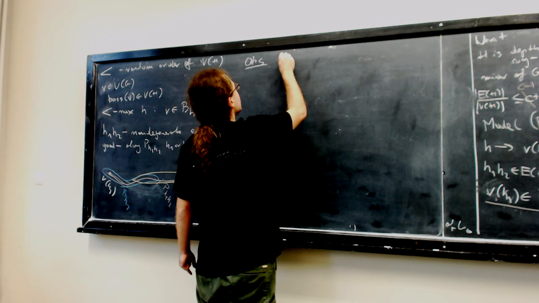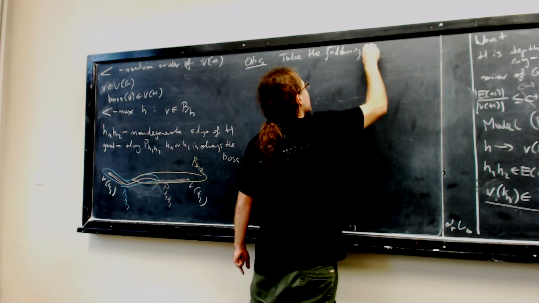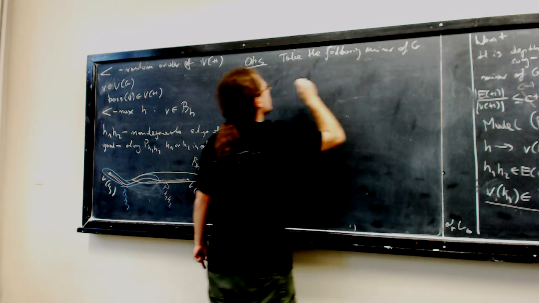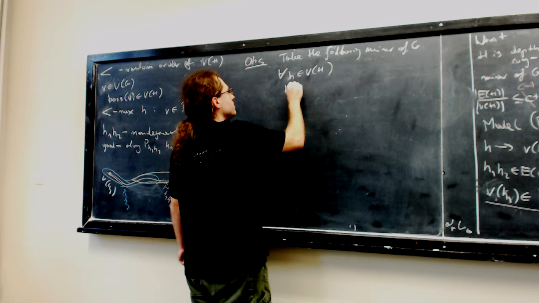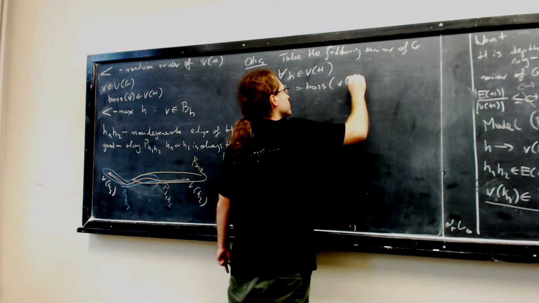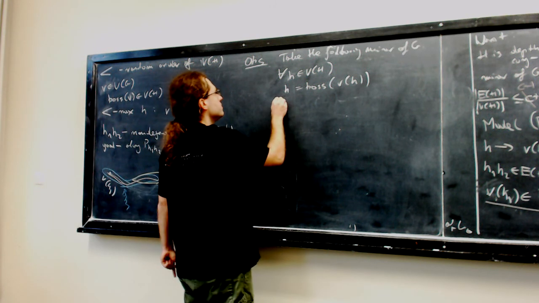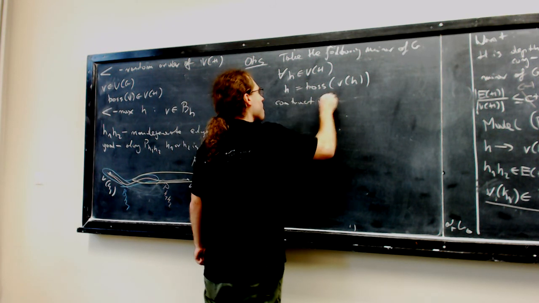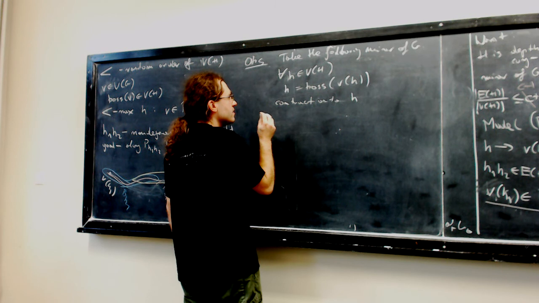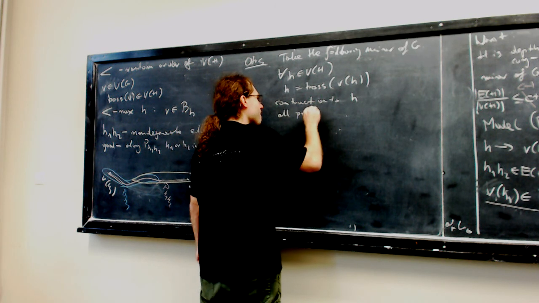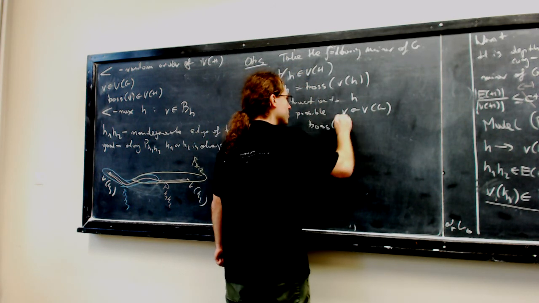Take the following minor of G. For every H in V of H, such that H is the boss in the root, I want to contract onto H the whole connected component of all possible V in V of G, where the boss of V is H. Okay?